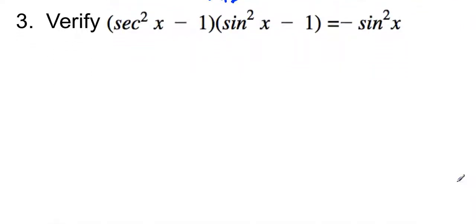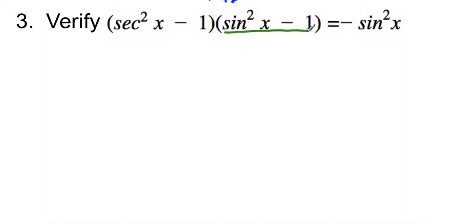We want to verify that secant squared x minus 1 times sine squared x minus 1 is negative sine squared x. I don't think I want to FOIL this because secants and sines do not pair very well. But I want to look at this thing.